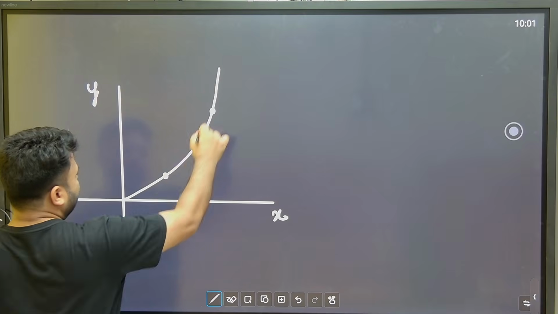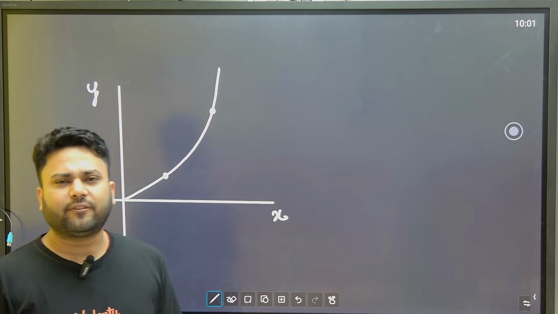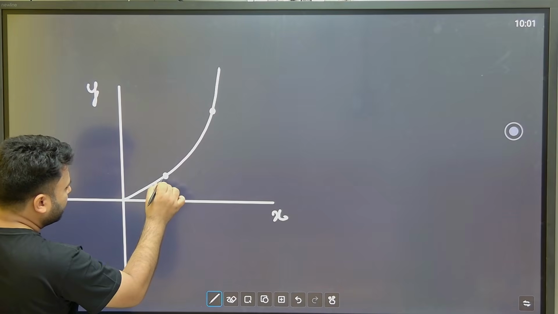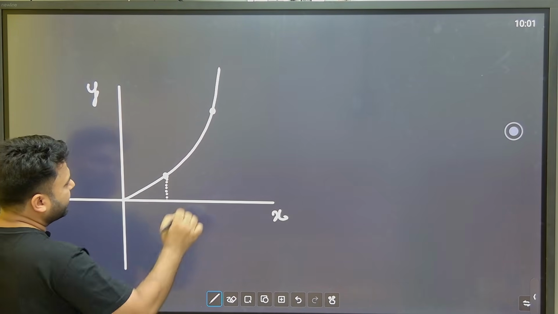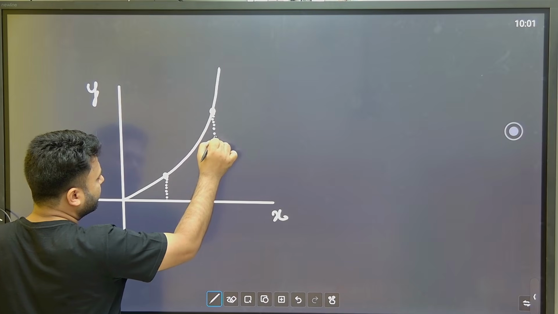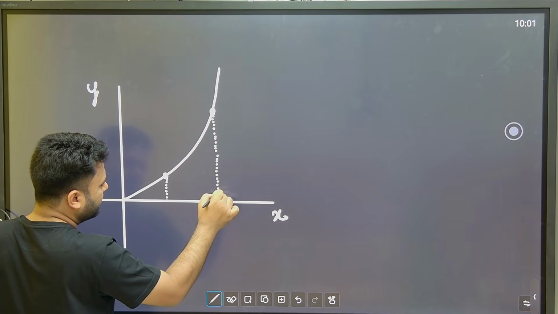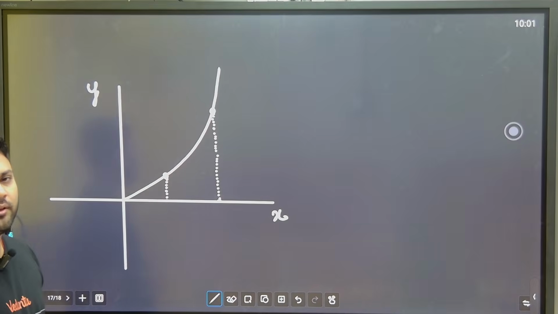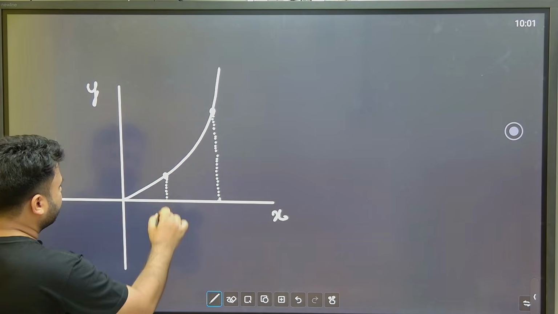So this is a curve, this is not a straight line. So you have to find the area under the graph. Suppose you projected this point here on the x-axis, and this again here like this. So we are concerned, what is the question? What is the area under this?